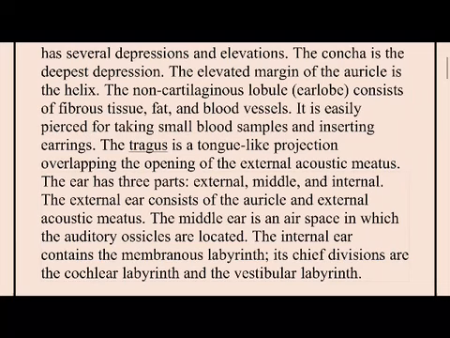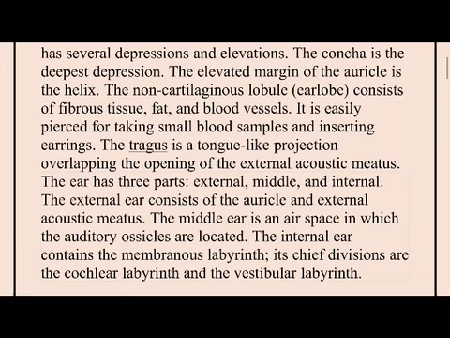The ear has three parts: external, middle and internal. The external ear consists of the auricle and external acoustic meatus. The middle ear is an air space in which the auditory ossicles are located. Remember, we saw all three parts of the ear in the very first diagram, with various colors.